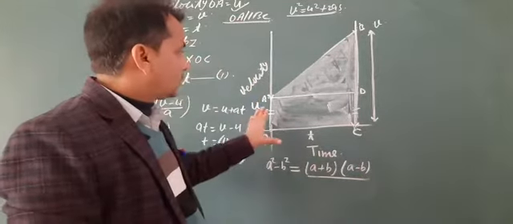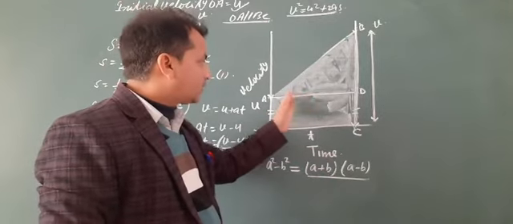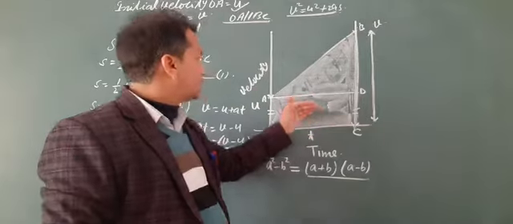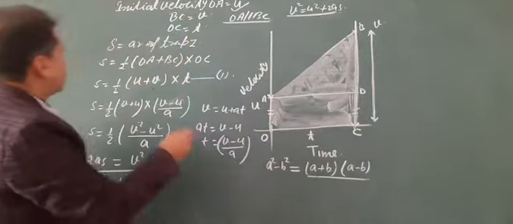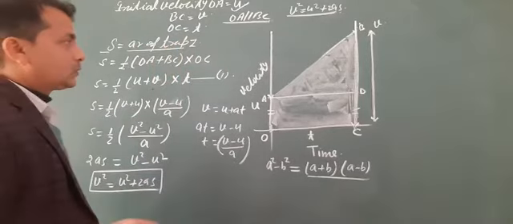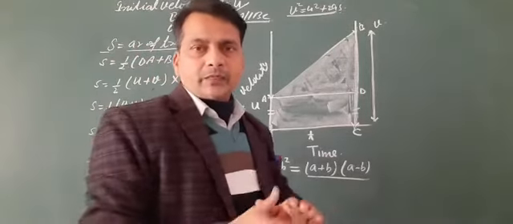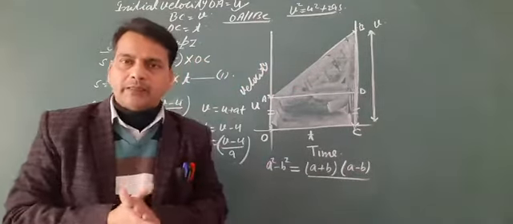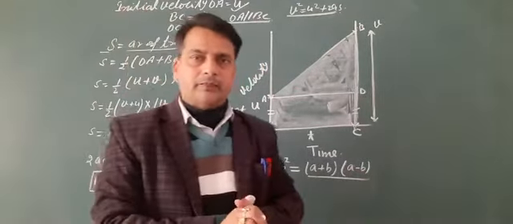So the distance traveled is the same as S equal to the area of the trapezium. We know the formula for the area of a trapezium: 1 by 2 times the sum of the parallel sides times the distance between them.